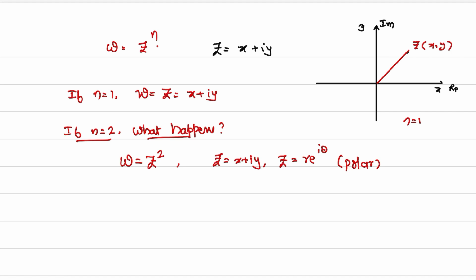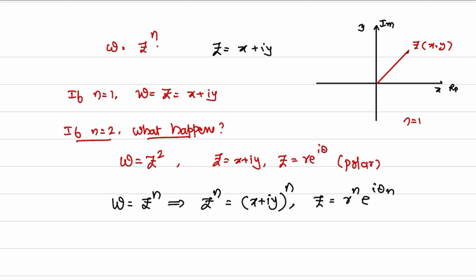Now, w is equal to z to the power of n means z to the power of n is equal to (x plus iy) to the power of n in Cartesian and z to the power of n is equal to r to the power of n into e to the power of i n theta.